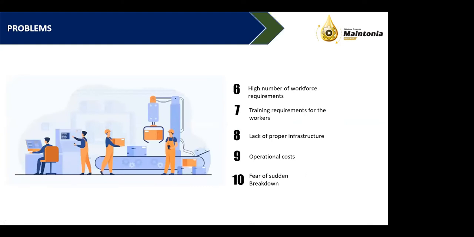Yeah. So we already talked about the high number of workforce required. Then the training requirement for the workers is not always possible because they keep on changing, or in the routine changeover of their responsibilities, it happens. Again, lack of proper infrastructure is a noticeable point. Why am I saying it?